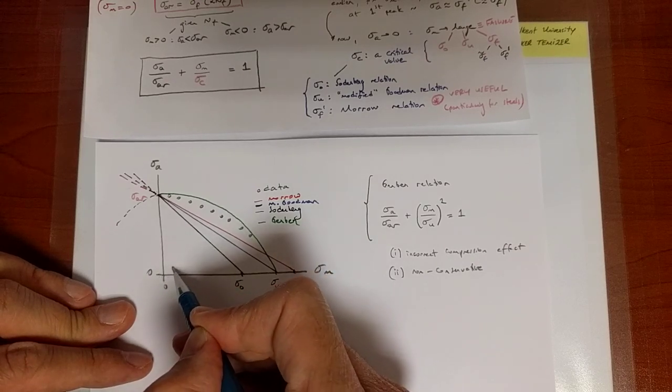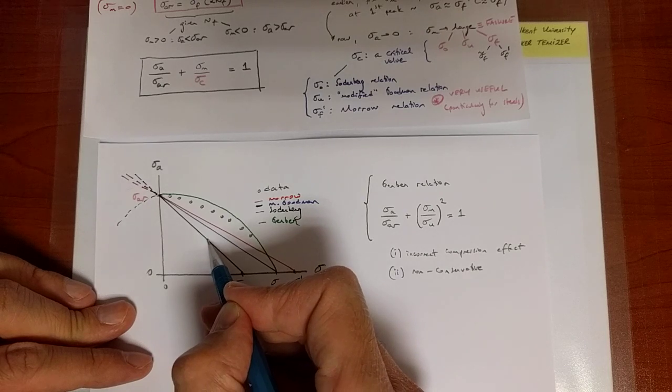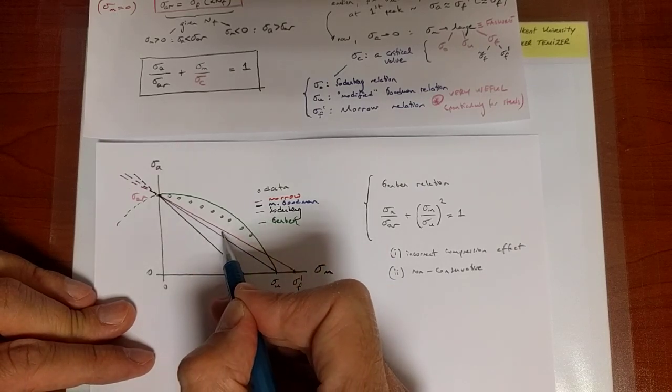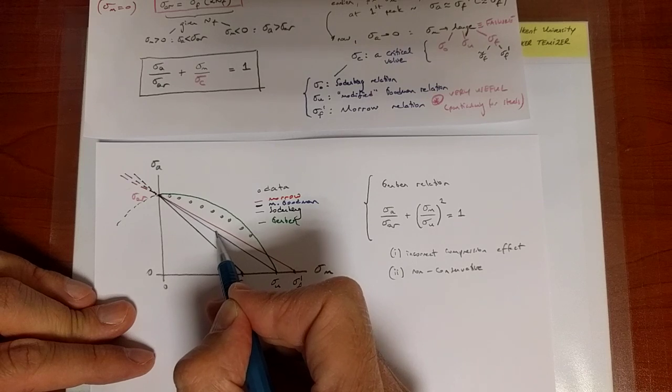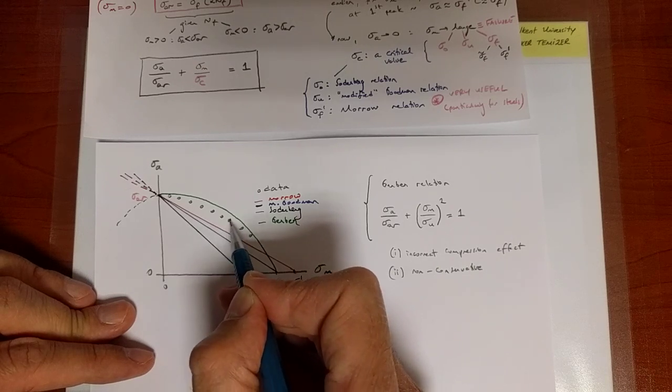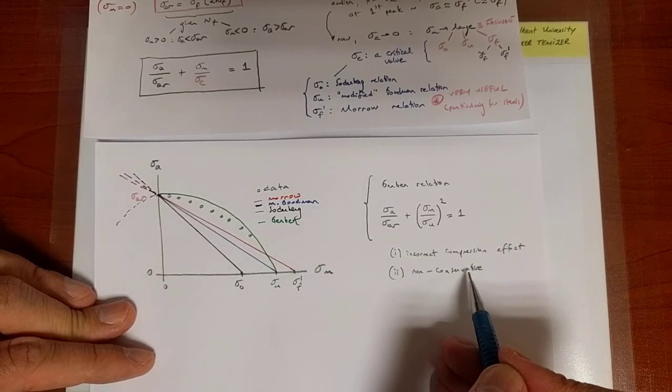As I move in a certain direction, black predicts failure first, because that's the combination of sigma a and sigma m that leads to a certain life. So that's the Soderberg. Modified Goodman predicts that I can apply a larger combination of sigma a and sigma m to reach the same life. And Morrow, even larger. The data, even larger, but Gerber, the largest. So Gerber is the least conservative, in fact.